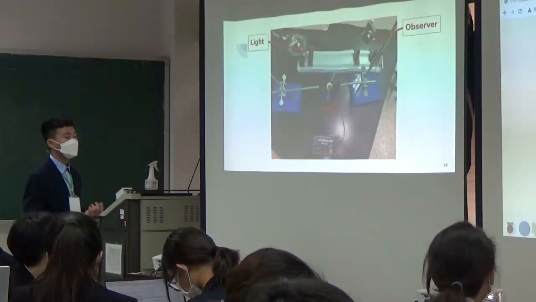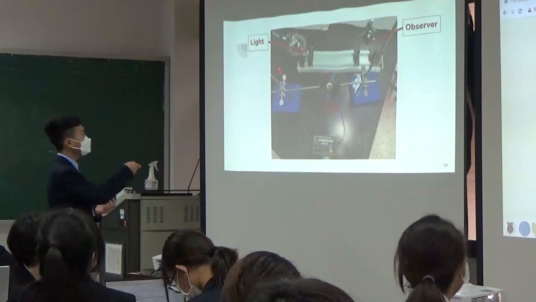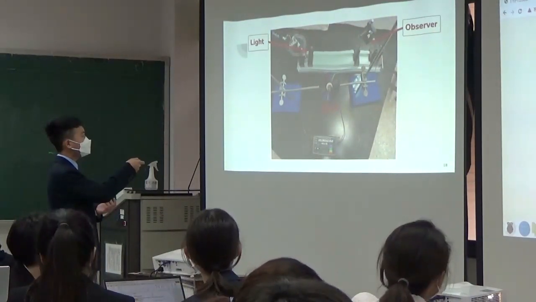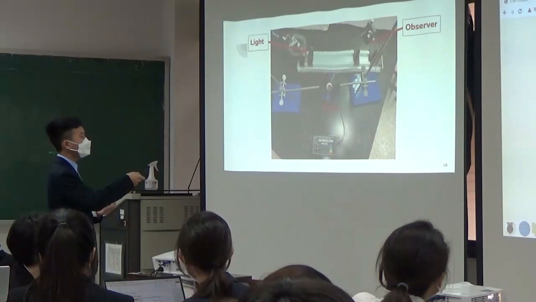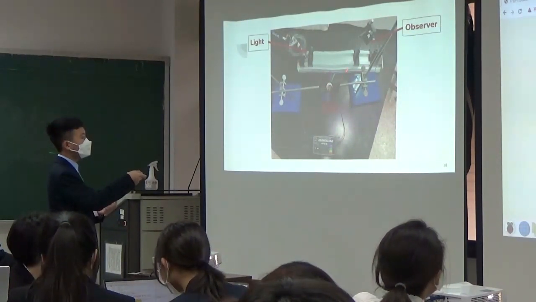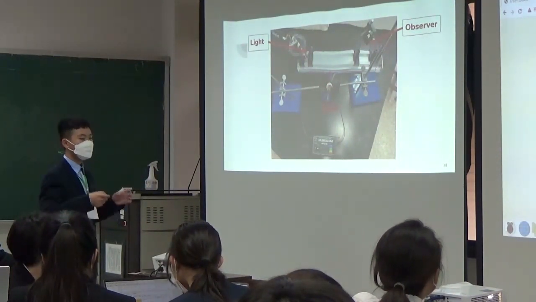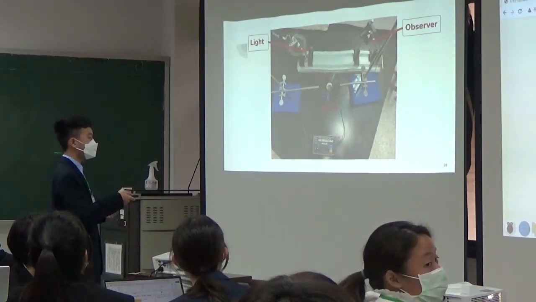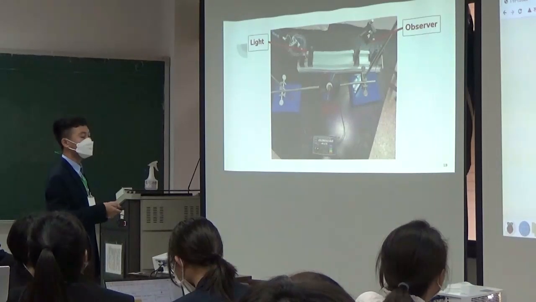So this is our setup. This is the light source, and we have the light shine onto the disc, and the observer will collect the data, and the spectrometer will analyze the data and get the spectrum.